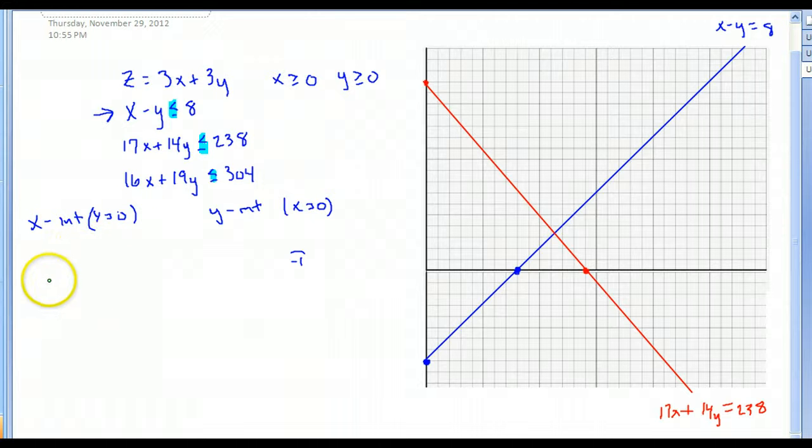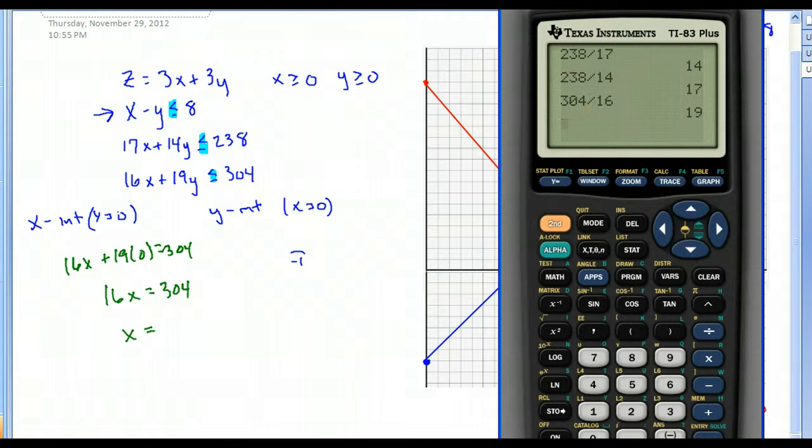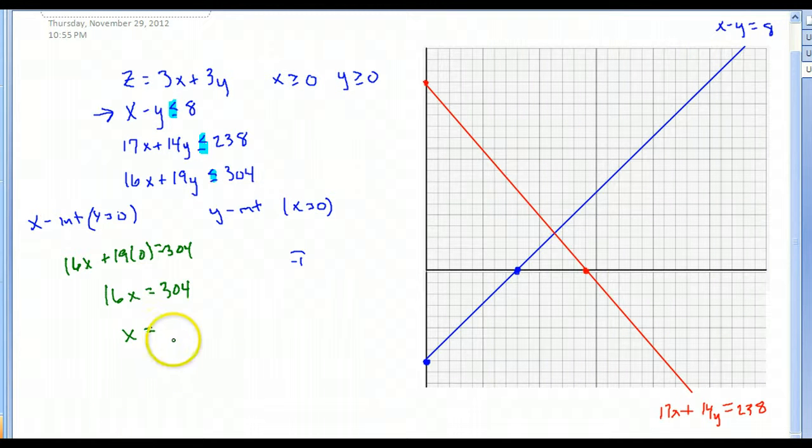Alright, and for the last one, 16X. If Y equals 0, I get 16X plus 19 times 0 equals 304. So that's 16X equals 304. Divide both sides by 16. 304 divided by 16 is 19. So X is equal to 19. So there's 5, 10, 15, 20, so there's 19. Then same thing for the Y-intercept, set X equal to 0.